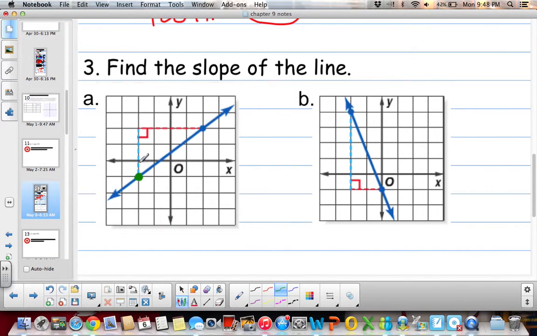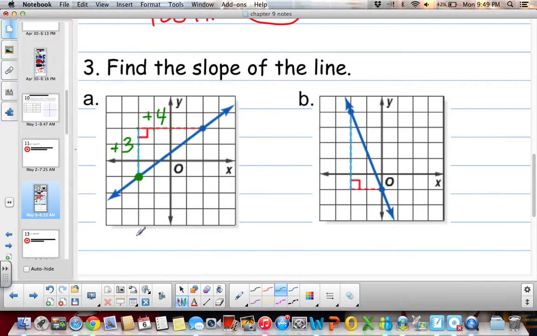So we start here and we go 1, 2, 3 spaces up, and then 1, 2, 3, 4 spaces over. Because it's going up, it's positive. Because it's going to the right, it's positive.